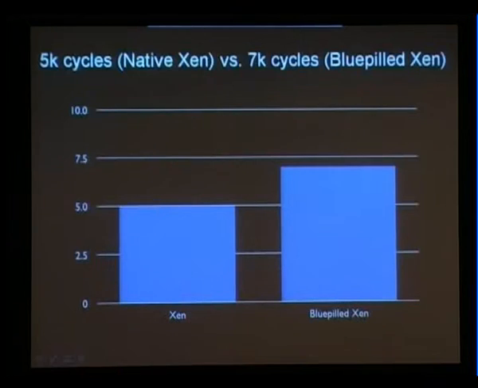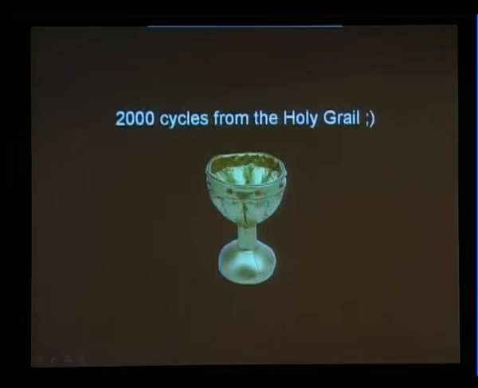Because original Xen takes, for example, 5,000 cycles to service a typical VM exit, like CPUID, let's say. And Bluepilling Xen takes 7,000 cycles. So 2,000 cycles is added by the Bluepilling.